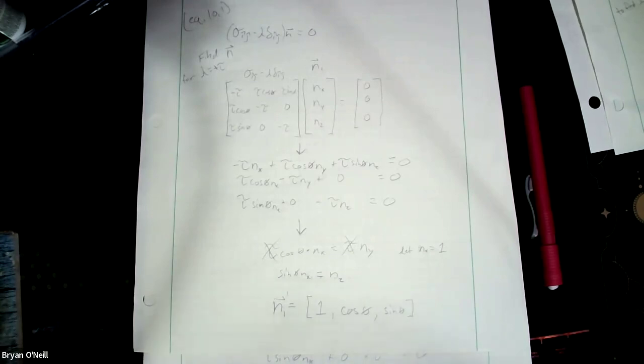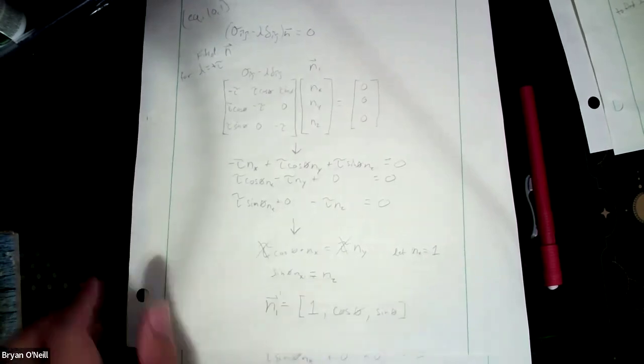We're going to let nx equal 1 again, and we get this non-unit eigenvector n1. I denoted it with a prime because I want to normalize it. So I normalize it right up here by finding magnitude n, and I divide every value by magnitude n to get my eigenvector n1, which is 1 over square root of 2, cosine theta over square root of 2, and sine theta over square root of 2.